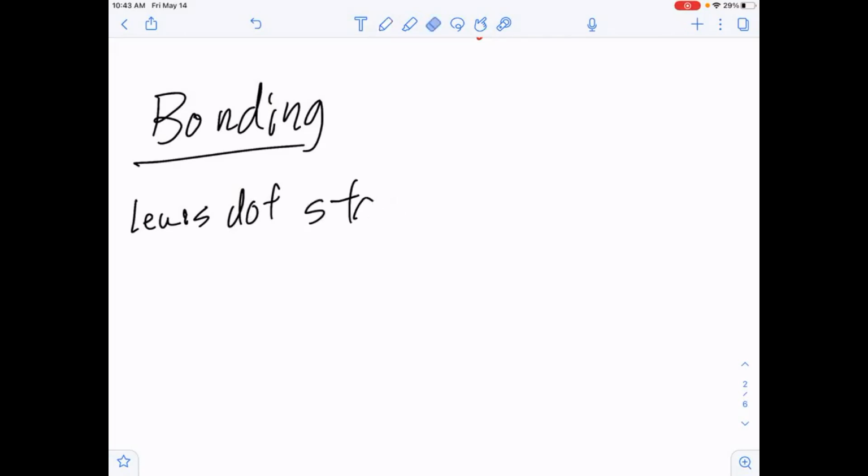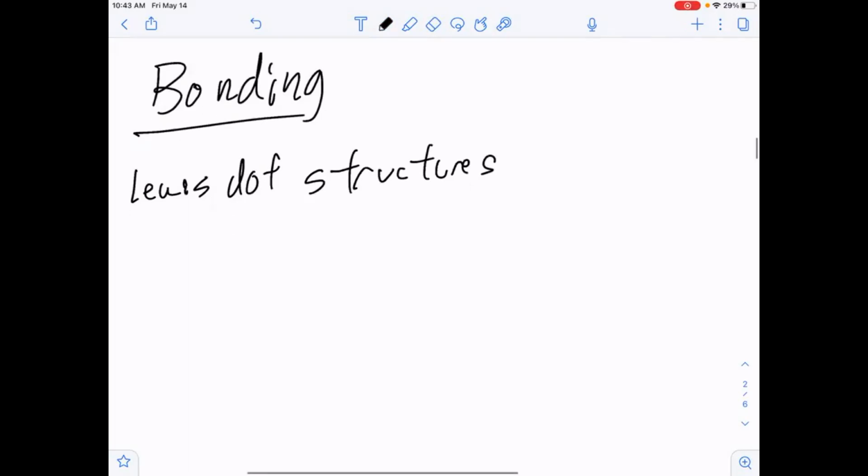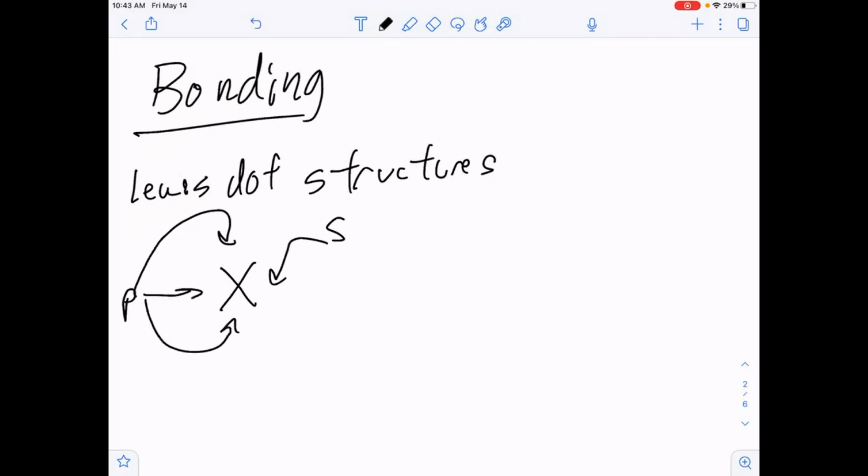Lewis dot structures are a way to represent valence electrons. So given a generalized atom, let's say element X, the s orbitals go on the right side and the p's go on the top and the other three sides, okay?